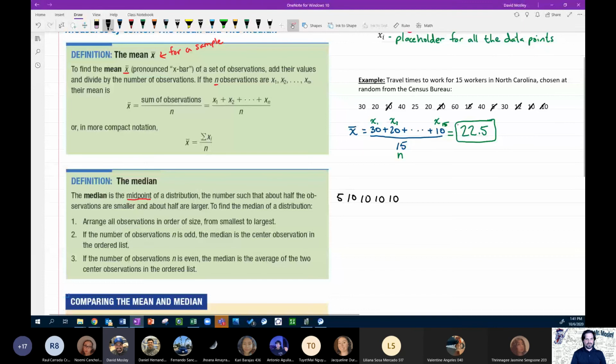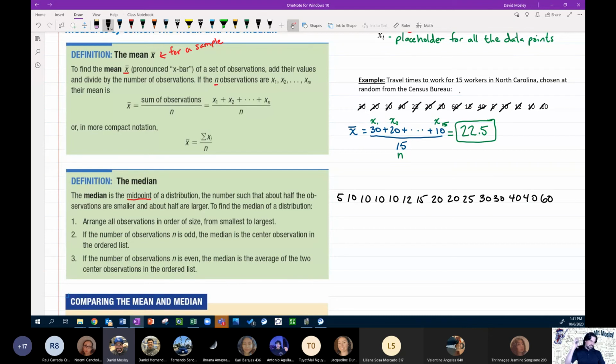And then I have a 12 and a 15. 2 20s. All right, we got 25. 2 30s. 2 40s. And lastly, a 60. All right, so I've put my data in order. That's step 1.